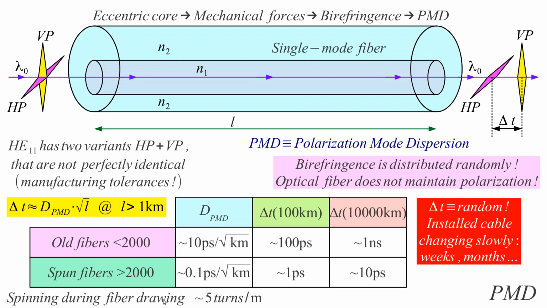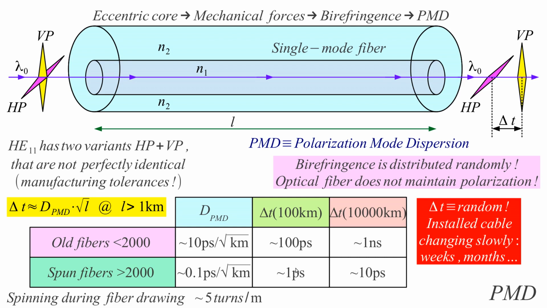On the drawing tower, the fiber had to be turned around its axis at about 5 turns per meter length of cable, and in this way the eccentricity of the core is no longer always on one side of the fiber, but makes a helical path around, and this helical path actually evens out the mechanical forces, evens out the polarization mode dispersion, and we can reduce the polarization mode dispersion by a factor of 100.